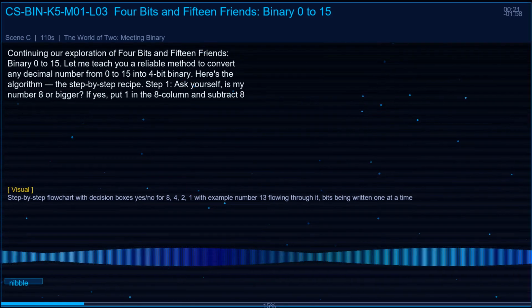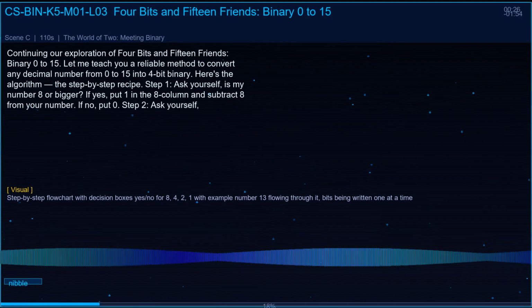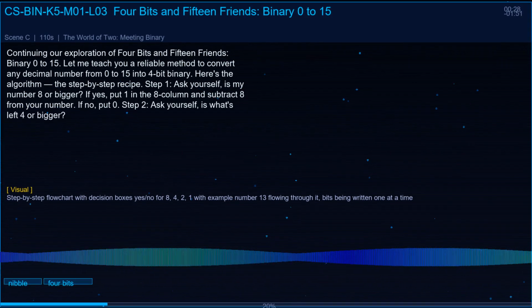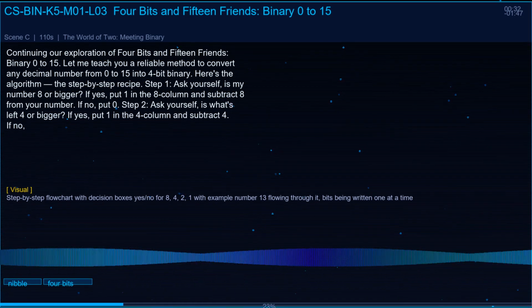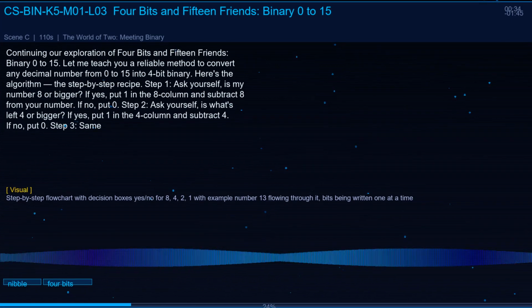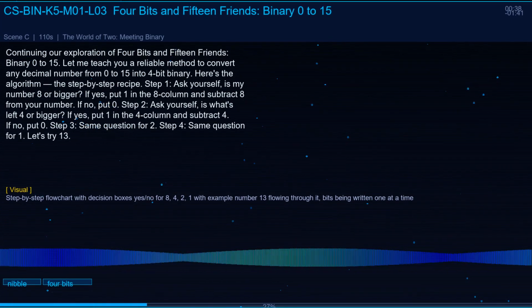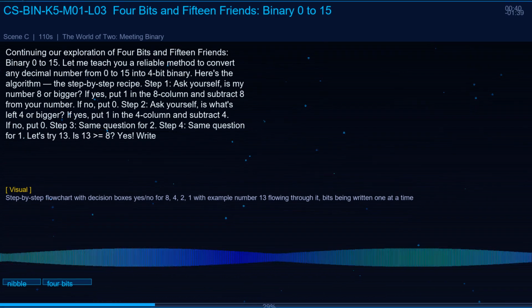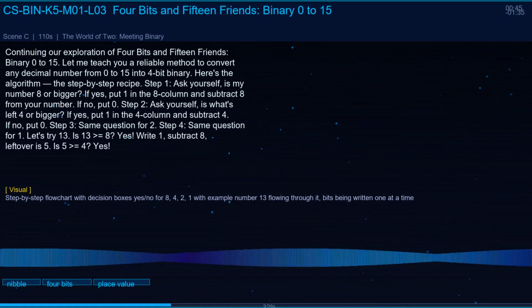If yes, put 1 in the 8 column and subtract 8 from your number. If no, put 0. Step 2, ask yourself, is what's left 4 or bigger? If yes, put 1 in the 4 column and subtract 4. If no, put 0. Step 3, same question for 2. Step 4, same question for 1.